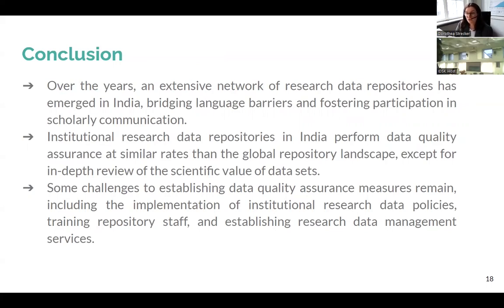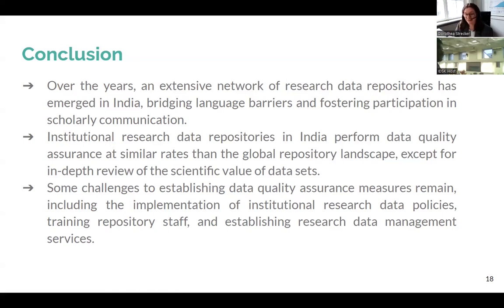It is also noteworthy that research data repositories in India perform data quality assurance at similar rates compared to the global repository landscape, except for the in-depth review of the scientific value of datasets, which might still need some work. However, that's a very difficult task, and I think we have to acknowledge that, and it will not come from nothing.